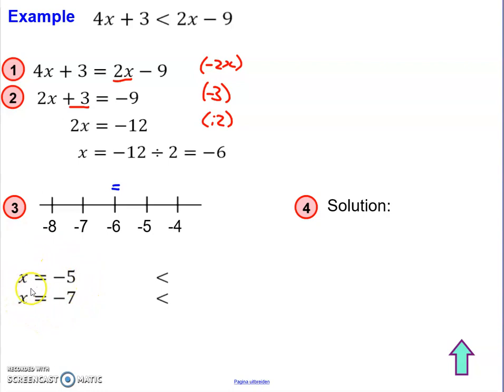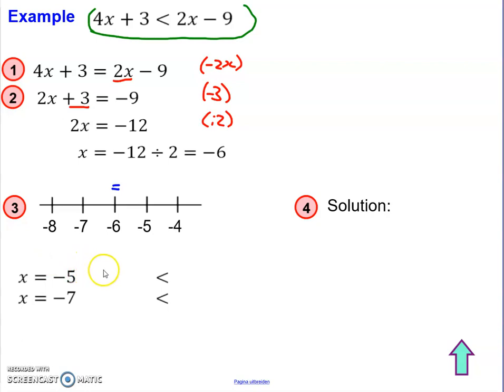I'm going to fill in x is minus 5. But now, it's really important, we fill this in not in our equation, but in the inequality. So we use this, how we did before. So I'm going to fill it in on the left side. 4 times minus 5 plus 3.